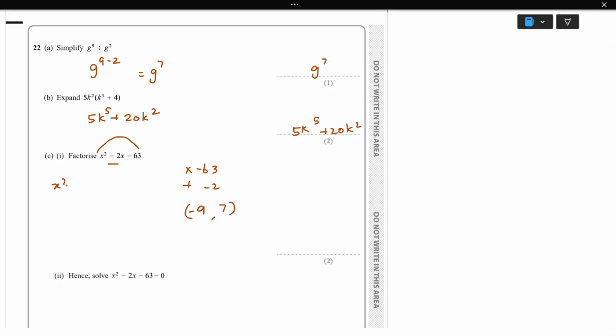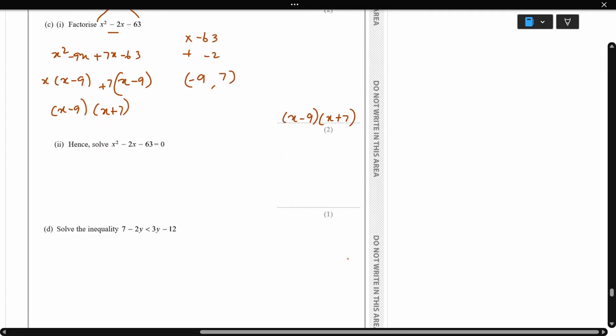So I'll expand this: x squared minus 9x plus 7x minus 63. So for the first two terms, x is common, so x times x minus 9. Then here it is x minus 9 plus 7. So now x minus 9 is common, so x minus 9 and x plus 7. This is the factorization, x minus 9 and x plus 7. Next, hence solve. So already we have the factors.